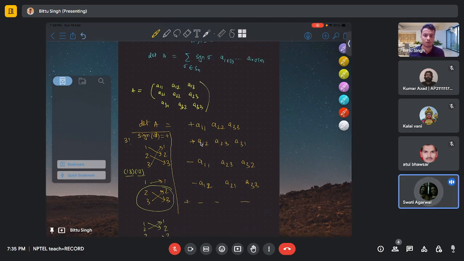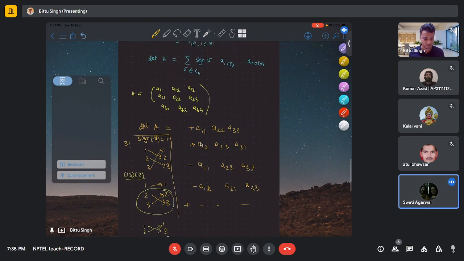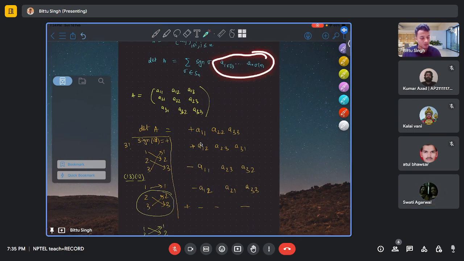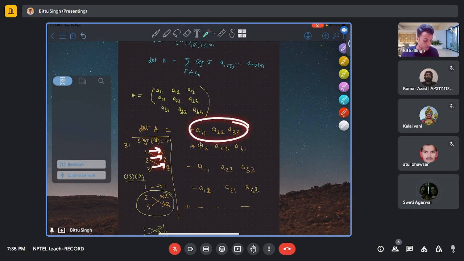Okay, but in the blue color, that formula, how do we read that formula? Sigma: you are taking all those A1 up to N, and where those 1, 2, 3 go. That is, if you consider 1 goes to 1, 2 goes to 2, 3 goes to 3, you will write this thing. And you need to consider all such permutations.